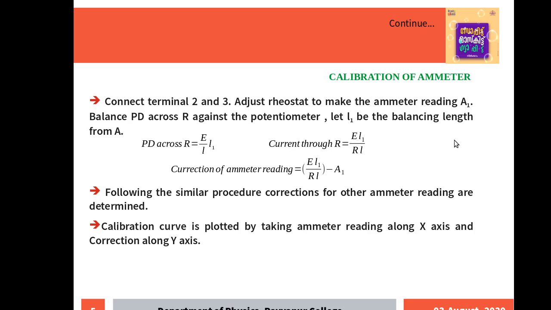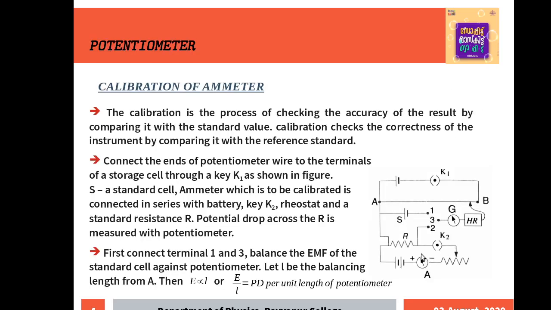That current, which produces the value A1 here, flows through this circuit and through the resistance, and it will produce a potential difference across this resistance. That potential difference will be balanced if I move the jockey through this AB.